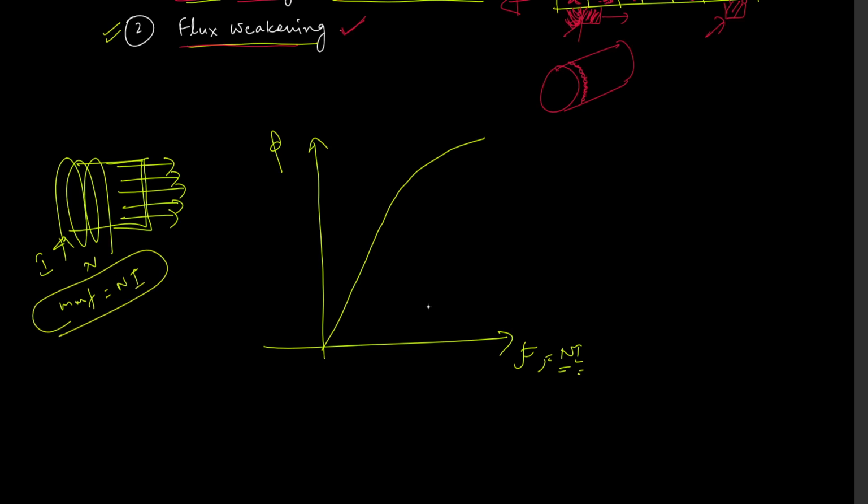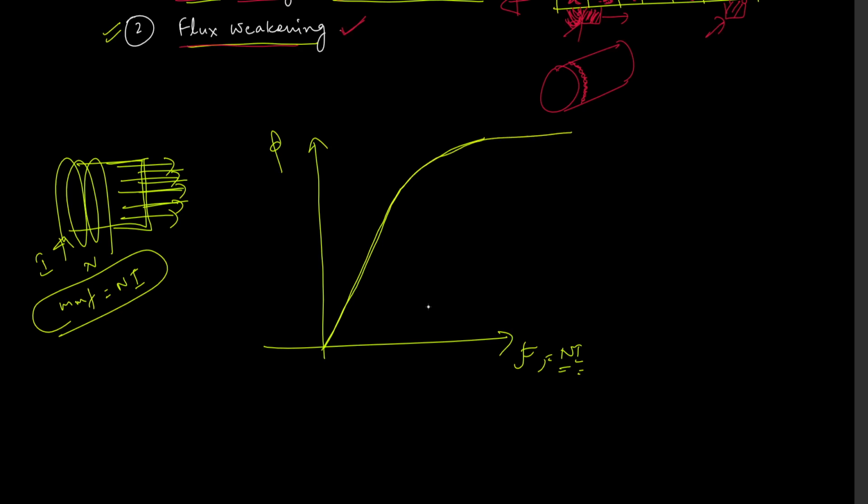This is the magnetomotive force F. With the increase in magnetomotive force, the flux produced will also increase. It is linear to some extent, but as we go on increasing the current in the loop, at one point it gets saturating like this.